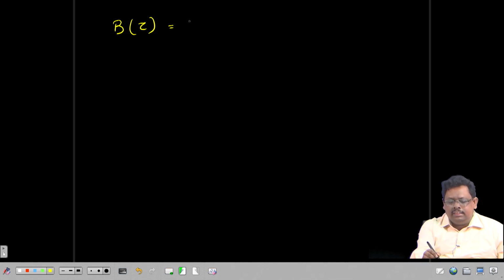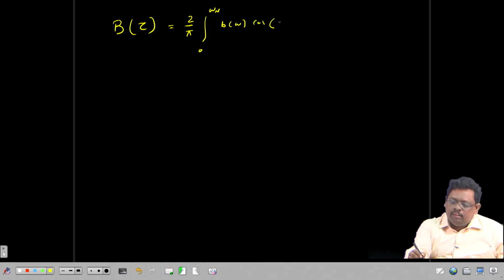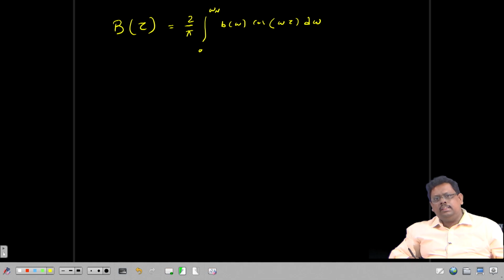Now, I know that this is nothing but 2 by pi, even if you take it not to infinity but some omega n, into b omega into cos of omega tau into d omega. So, let us try to understand the nature of this solution.